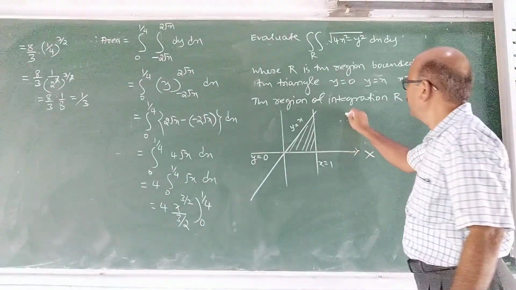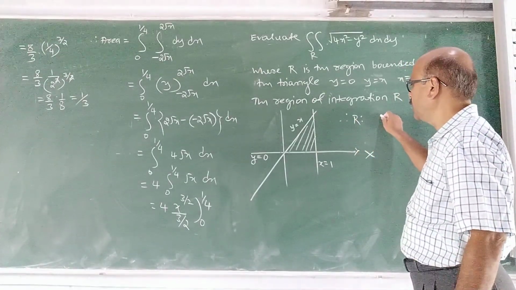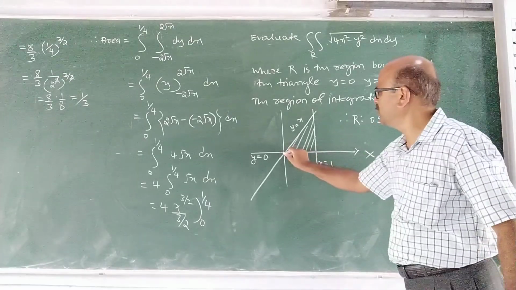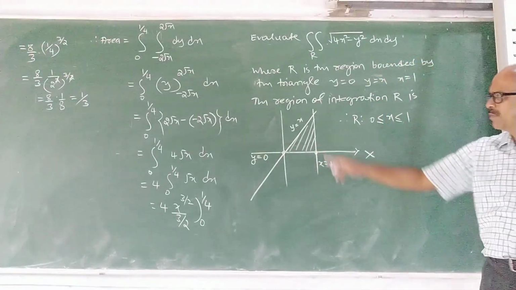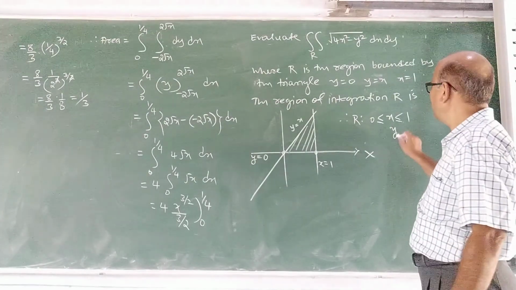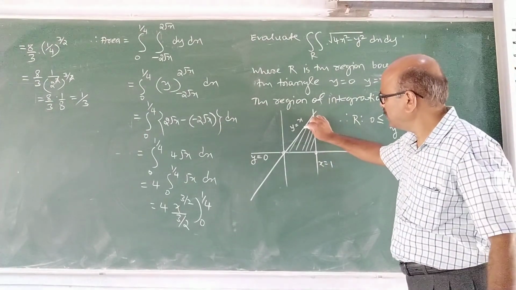Now, therefore R is, what are the values of x? X is greater than or equal to 0, less than or equal to 1, because x varies from this to this. What is that? 0 to 1. The x coordinate is 1. What is the corresponding value of y? Y is in this region.